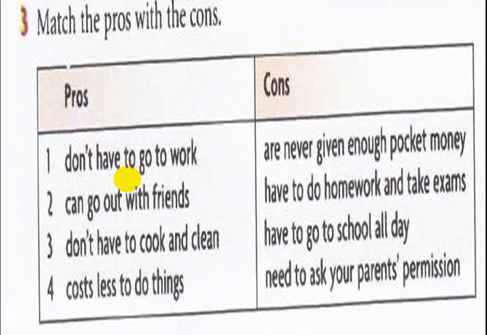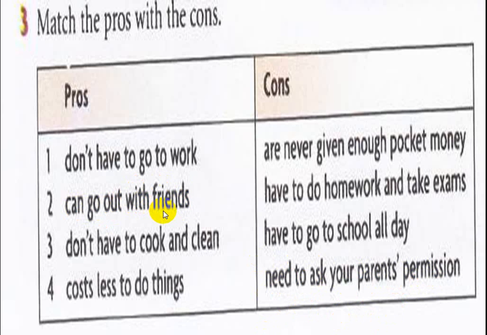When we match it with the cons, with the disadvantage, here the disadvantage of number one, don't have to go to work, the cons of it is need to ask your parents' permission. Needs to ask your parents' permission. So this is number one, the cons of number one. Number two, can go out with friends.